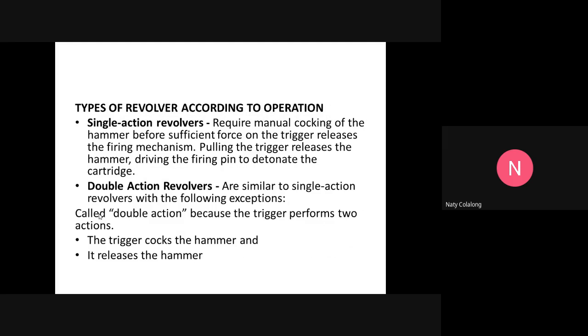Then we have the double action revolvers. These are similar to single action revolvers with the following exceptions. It is called double action because the trigger performs two actions. The trigger cocks the hammer and it releases the hammer.